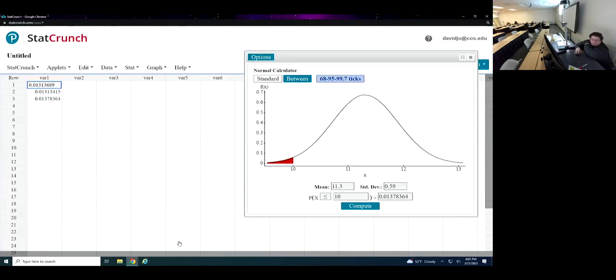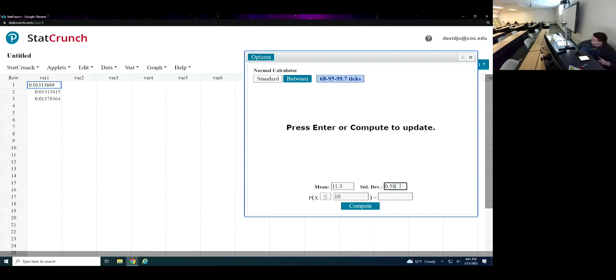I'm going to go back over to StatCrunch. And I'm going to put my standard deviation back in, like the first time. And now we don't know how many minutes, so I don't know what that is. This is where they want me to put the percent.